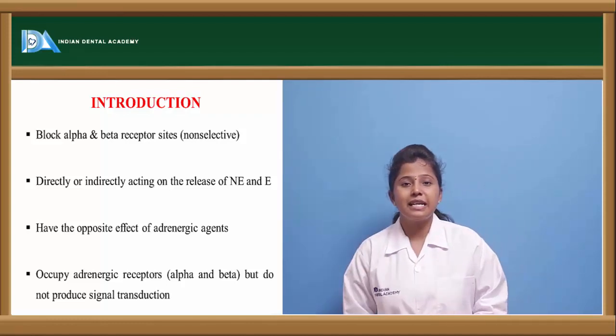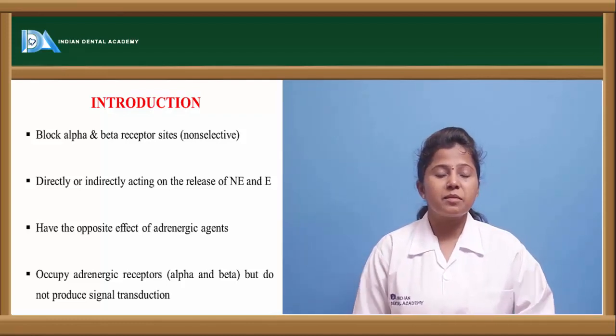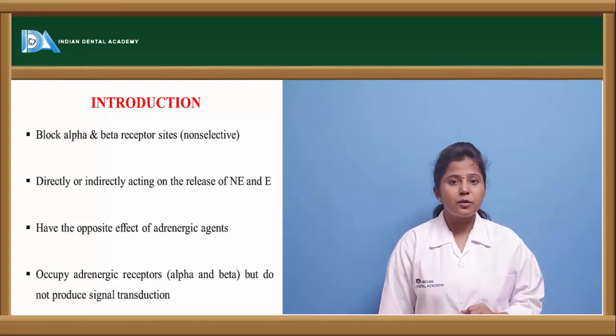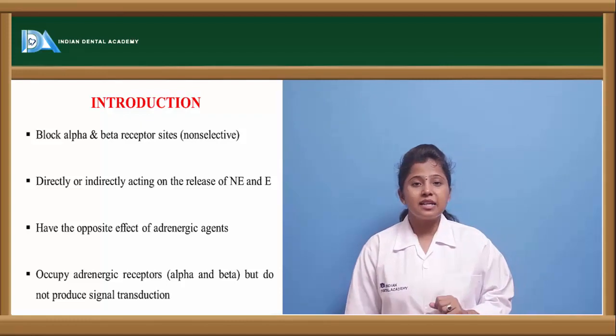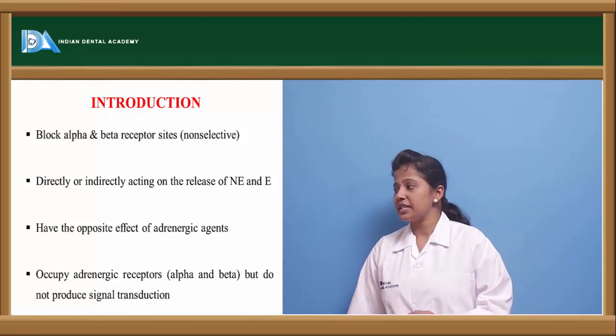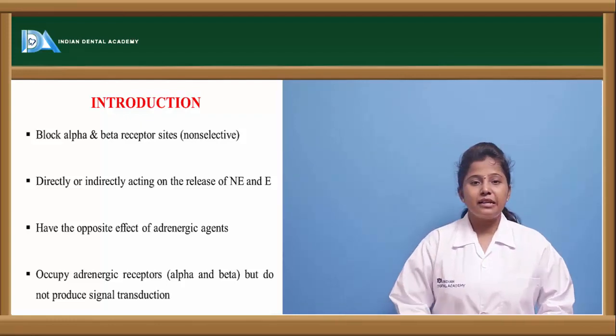When coming to central nervous system dopaminergic receptors, these are blocked by the action of antiemetics, tricyclic antidepressants as well as various other drugs.